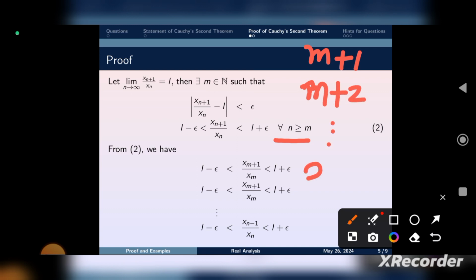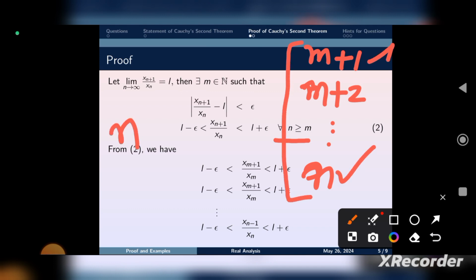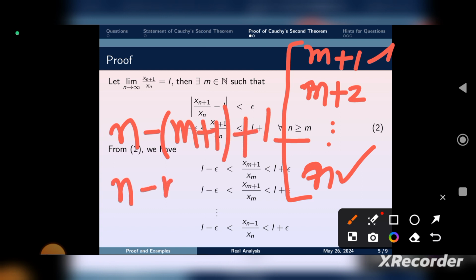This inequality will hold for n also. So how many inequalities will we get? We will get n minus (m plus 1) plus 1, so n minus m minus 1 plus 1, so we will get n minus m inequalities.